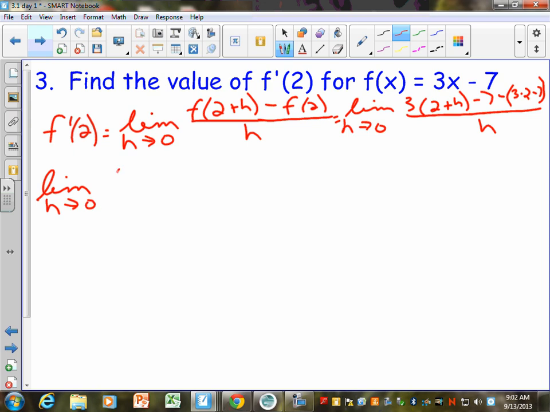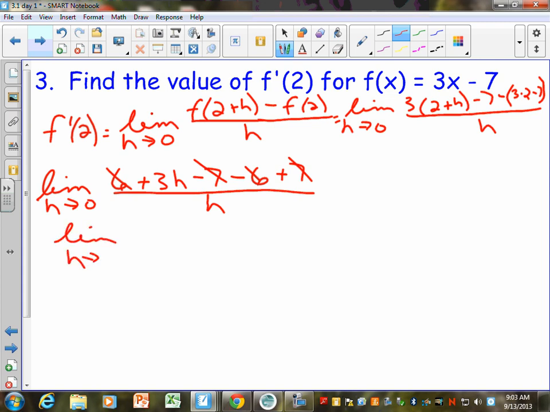So I get 6 plus 3h minus 7. I'm going to distribute my negative, so I'm going to get minus 6 plus 7 all over h. So 6 minus 6, negative 7 plus 7. I'm left with 3h over h, or just 3. Which means I could say that the derivative at 2 equals 3.